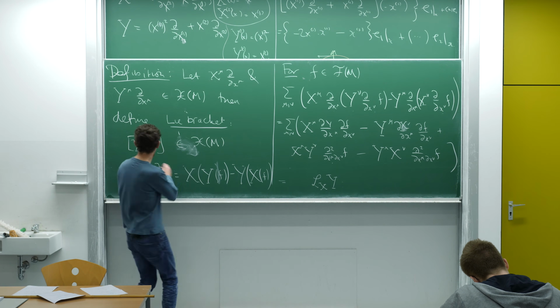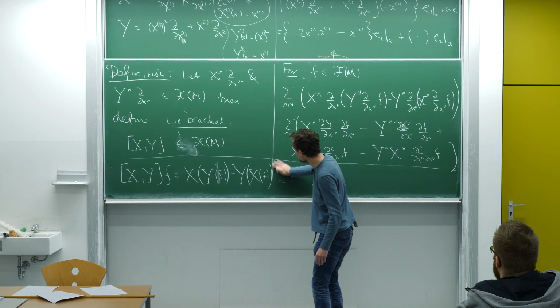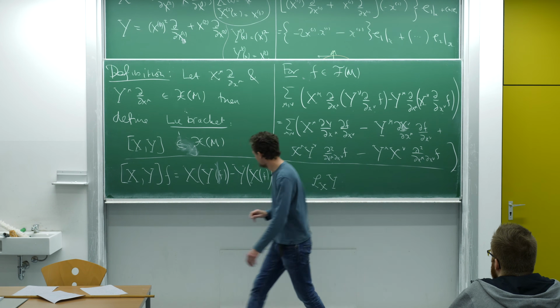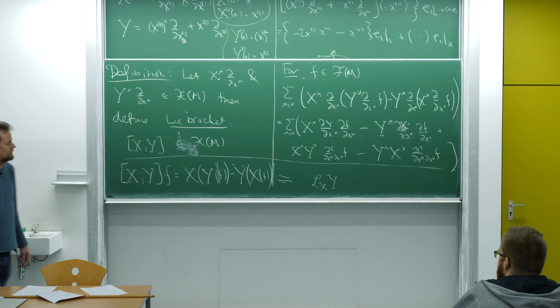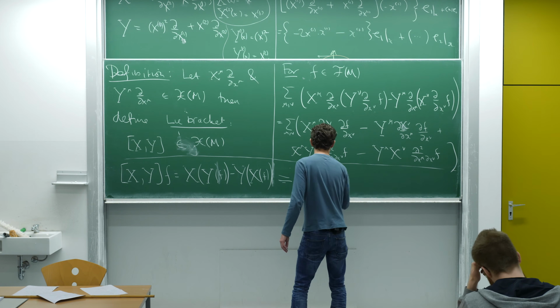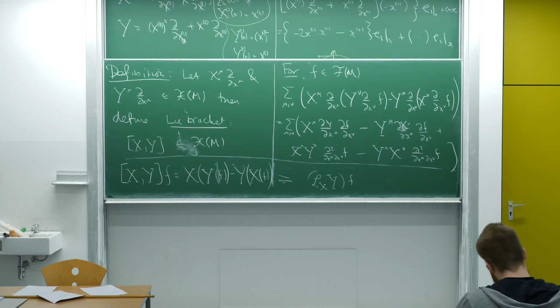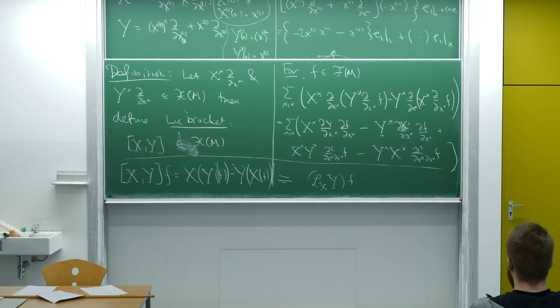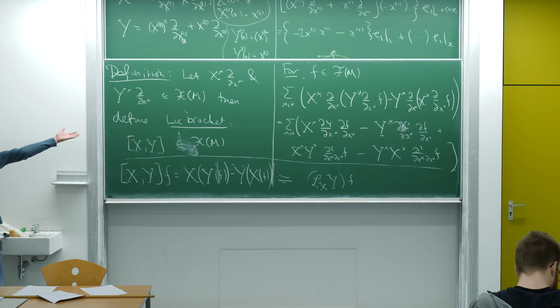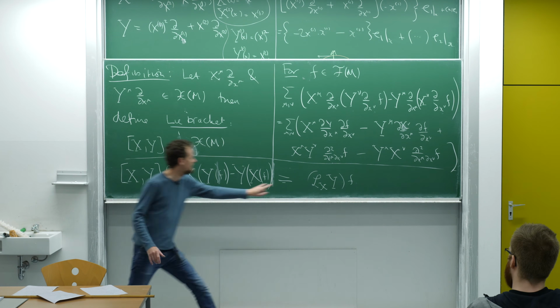So I will leave it like that. L_x y on f, of course. So now we see why we call this the Lie bracket. It's called the Lie bracket because it's equal to the Lie derivative.